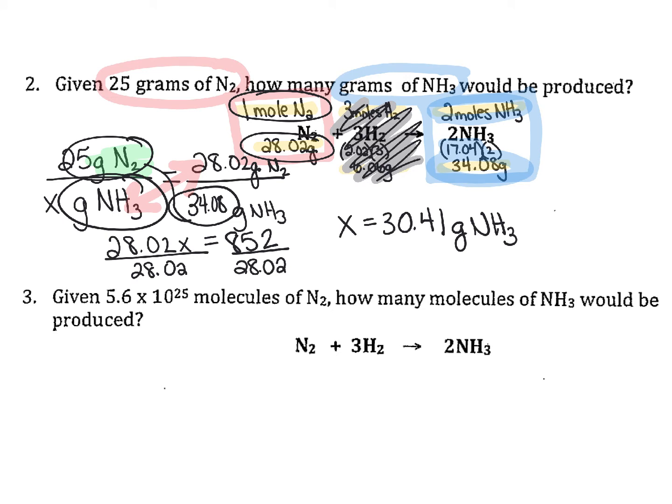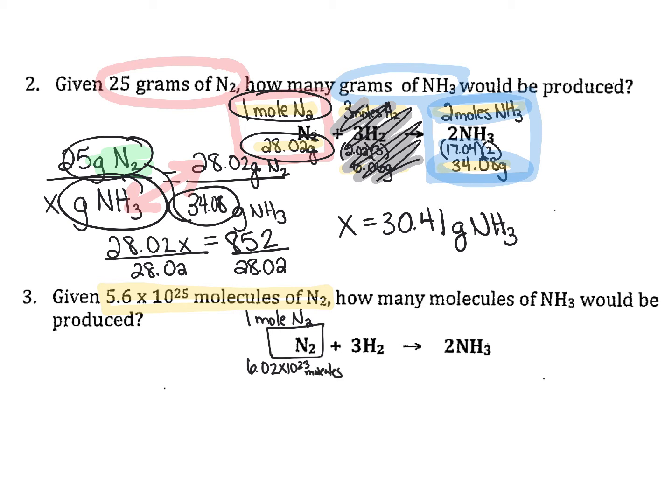The next problem, I'm given molecules of N2. So that means I need to know about this material here. The equation tells me that 1 mole of N2 is going to react. Well, we know 1 mole of N2 is 6.02 times 10 to the 23rd molecules.